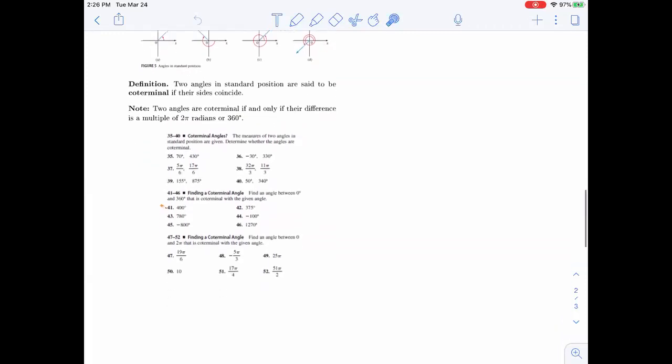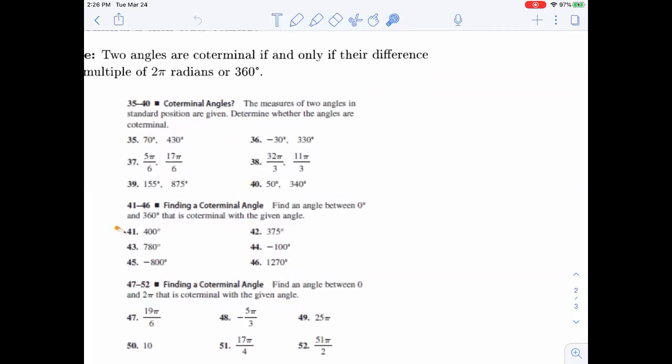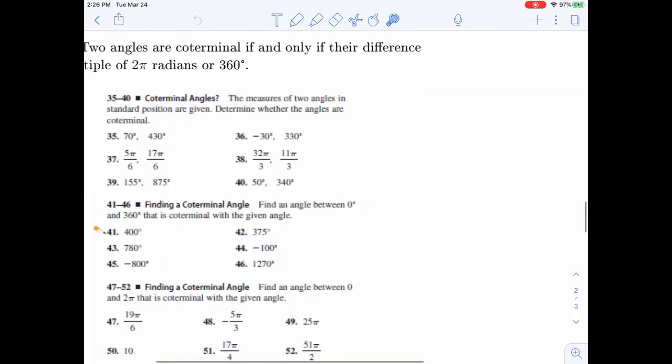And so a lot of people have troubles with deciding if you should be in radians or degrees. But as a rule, if you see degrees, then you should be working in degrees. And if you don't see the little unit indicator, then you're working in radians.